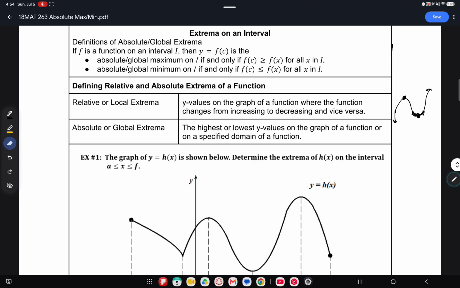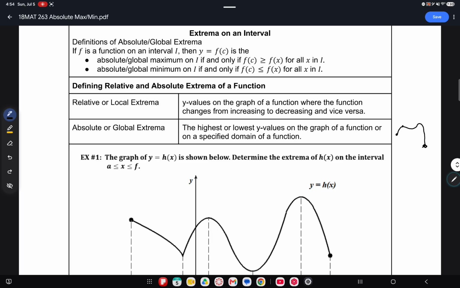And then I'm going to draw a different one to do an absolute. It depends on the domain of the function. The one I drew was going off to the infinities in both directions, so there was not an absolute max or minimum there. But let me draw something like this.